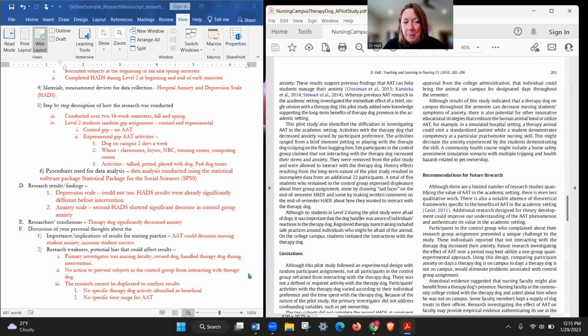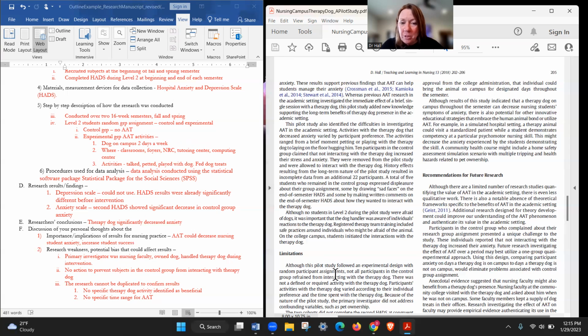So if we were to try to repeat this exact research, because we didn't identify the activities or the time range for the activities, like the dose of your intervention, like a med, your dose, right? Then you can't really repeat the exact same study and confirm the results in a second study.